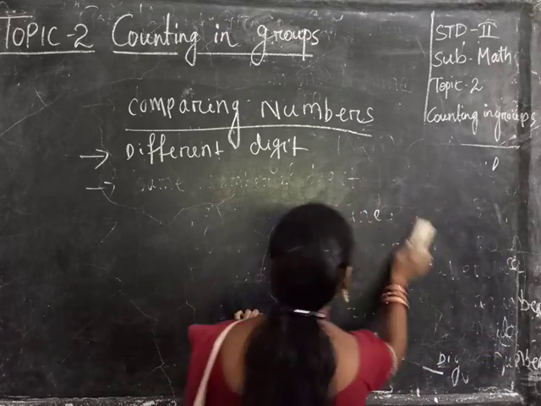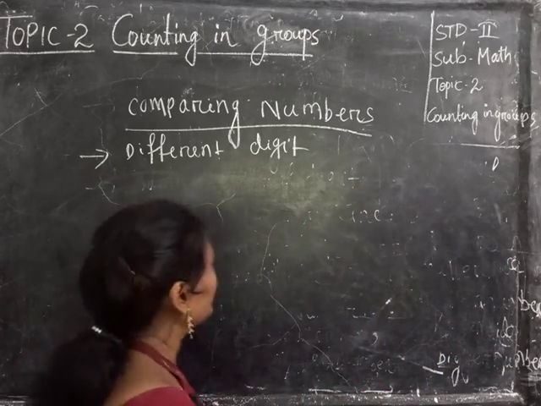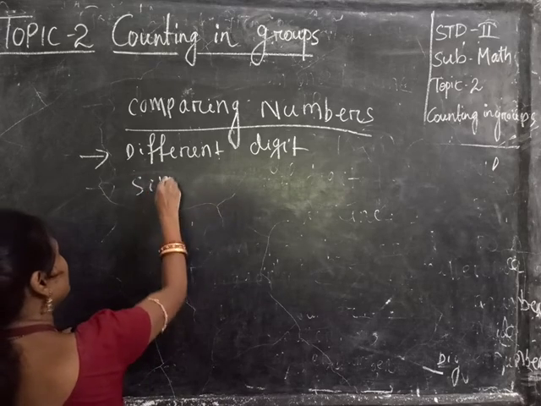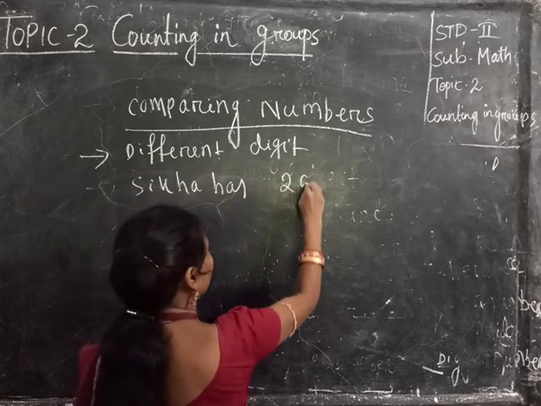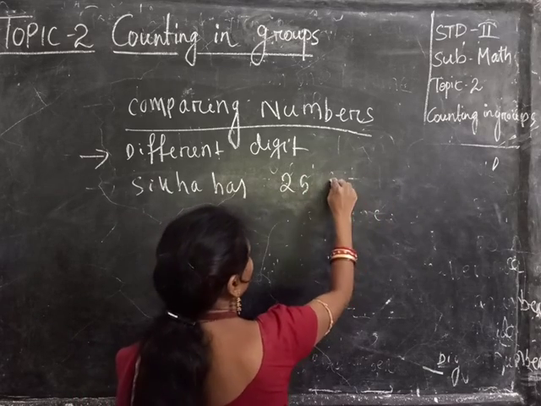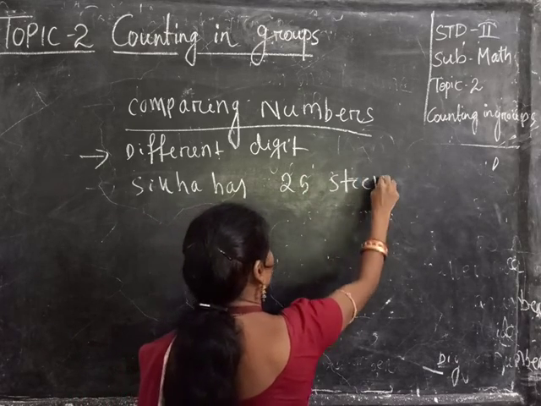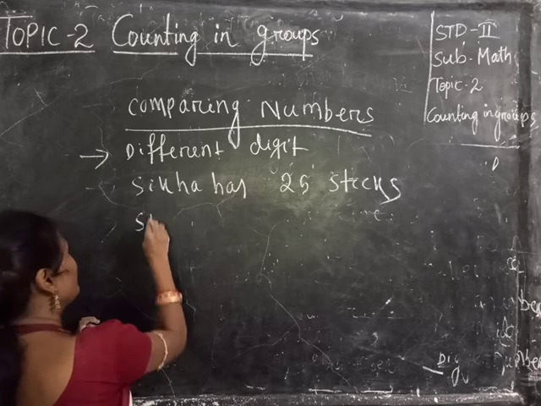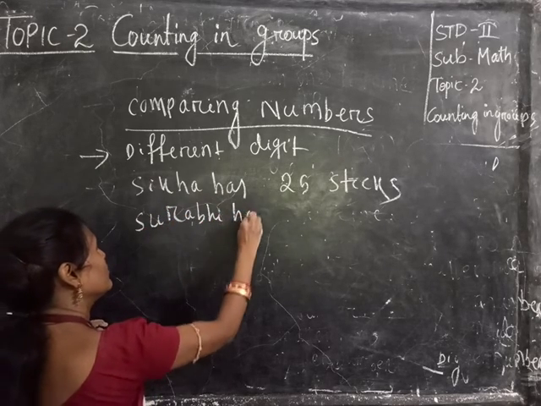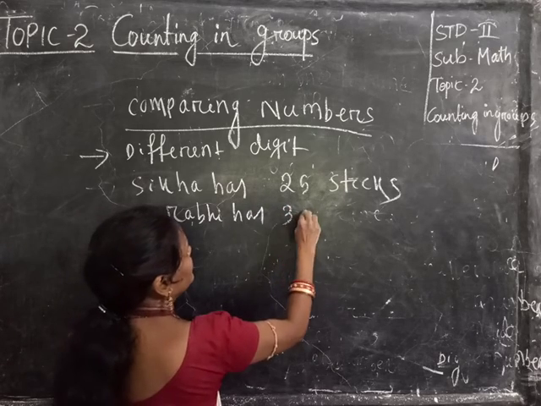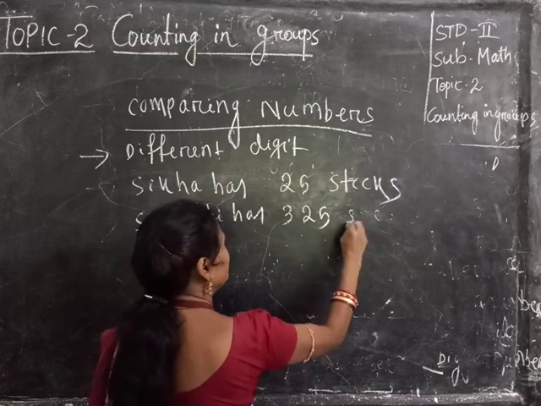Just a minute. I am showing, see, Shikha has 25 sticks. Okay. Surbhi has 325 sticks.